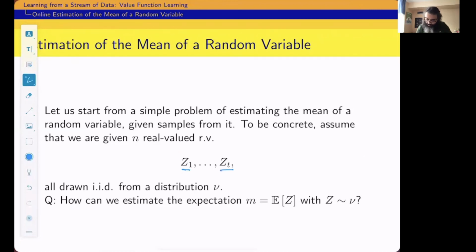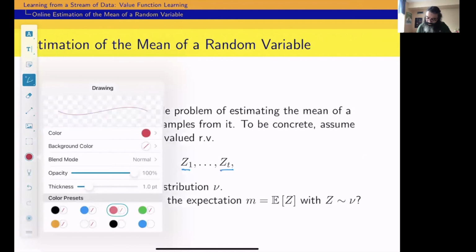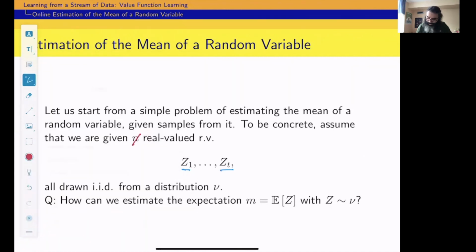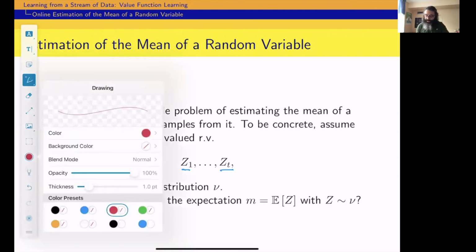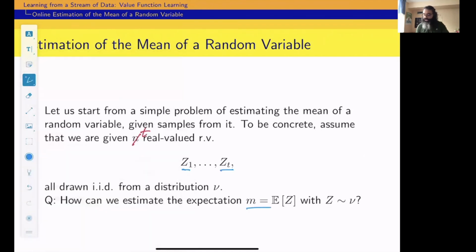And the question is how we can estimate its expectation m. Very simple, but what is the solution?